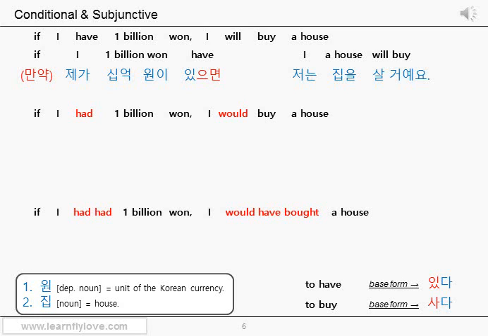This compound expression or assistant predicate, whatever you call it, anyway, this 을 거예요 can be used to indicate the future tense. But it can also be used to indicate your mild intention, right? So let's take a look at the entire sentence again. 만약 제가 10억 원이 있으면 저는 집을 살 거예요. If I have 1 billion won, I will buy a house.